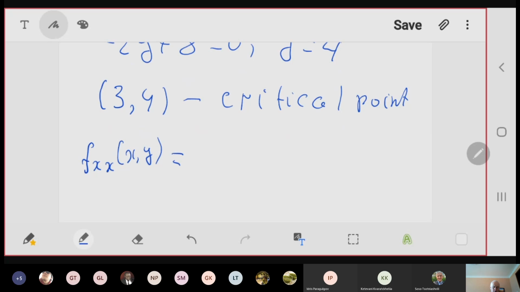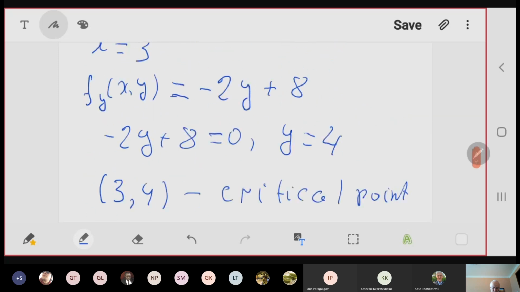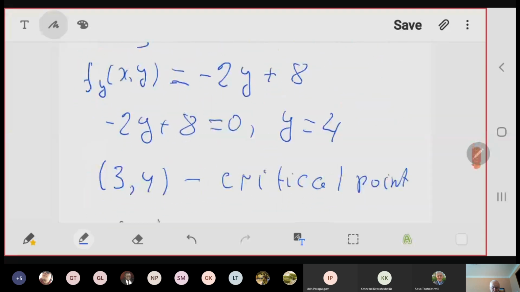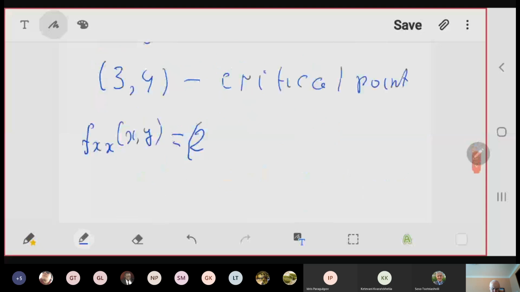Let's recall what the first order partial derivative by x is. Do you remember? I hope you are writing this down. It's minus 2x plus 6. And we need to find the derivative of this. It's clear, it's 2.